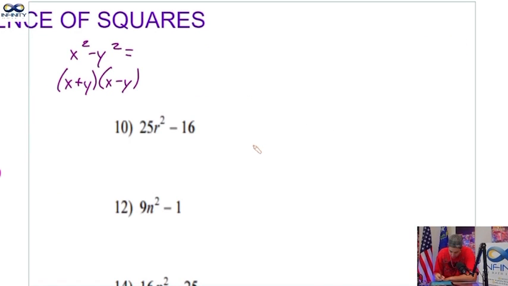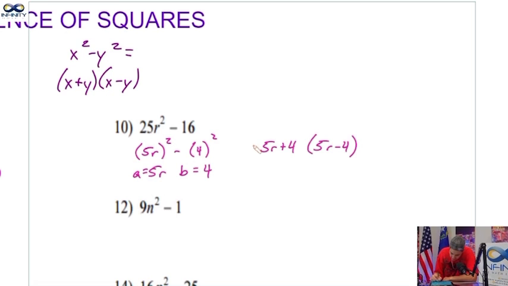25r squared, that is actually (5r) squared, because 5 squared is 25, r squared is r squared, minus 4 squared. So a is equal to 5r, b is equal to 4, so it's going to be (5r plus 4)(5r minus 4).